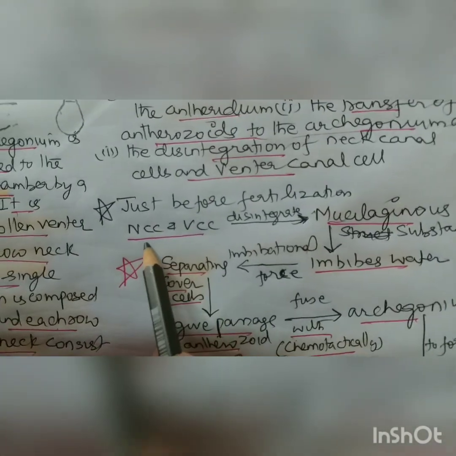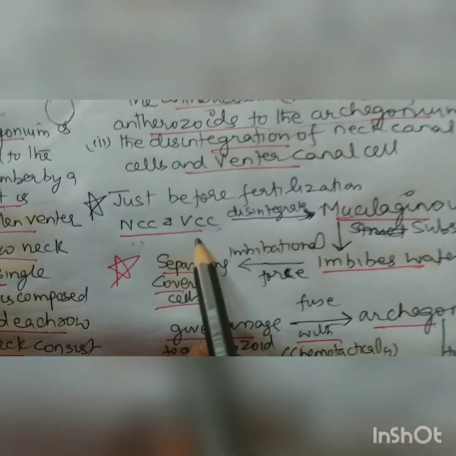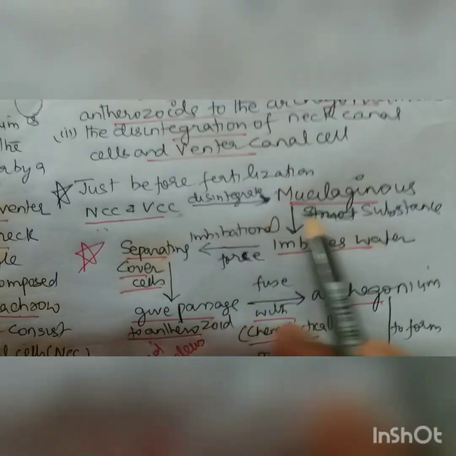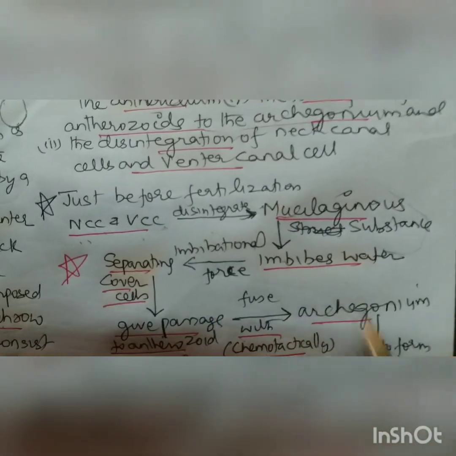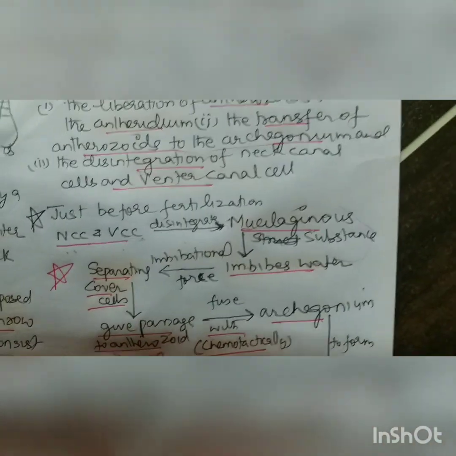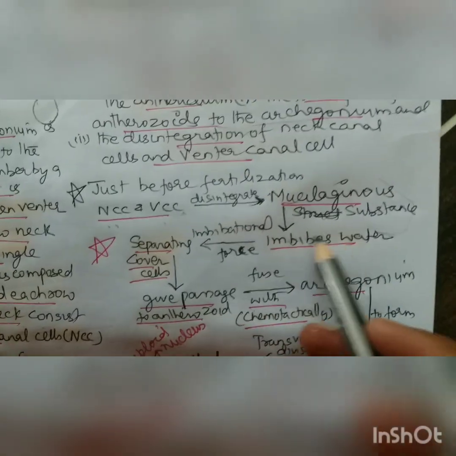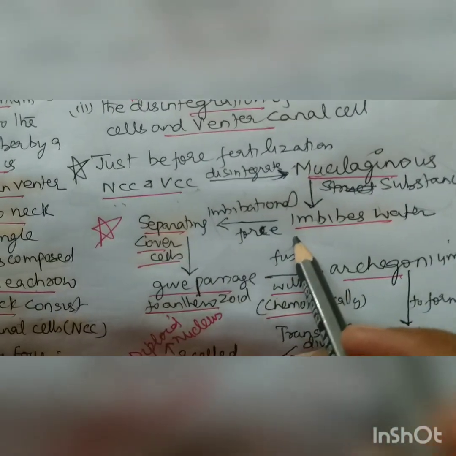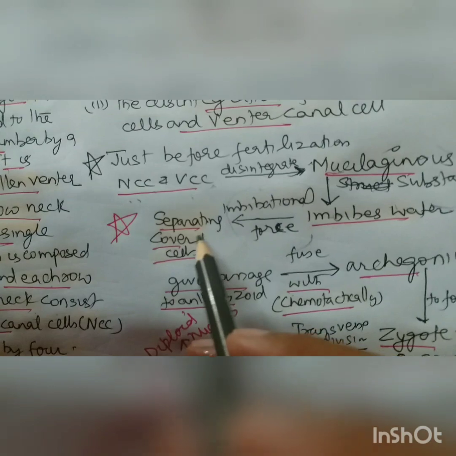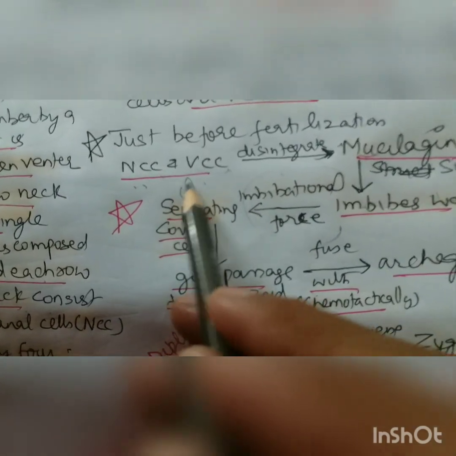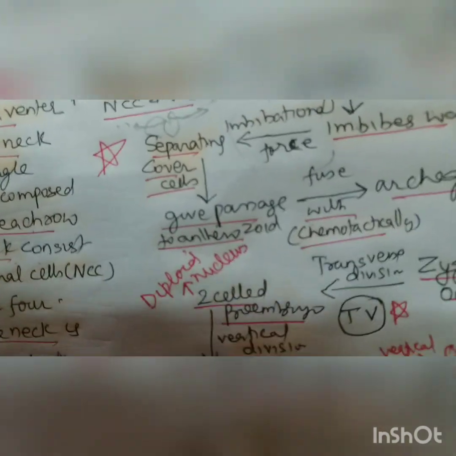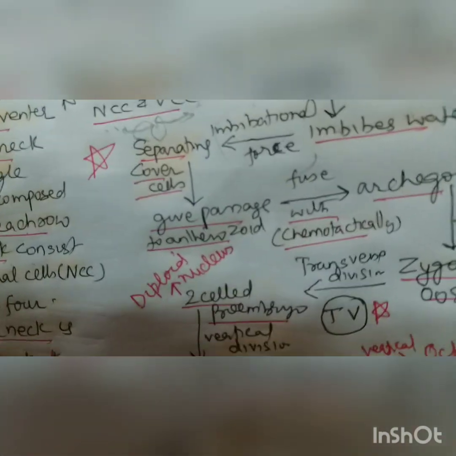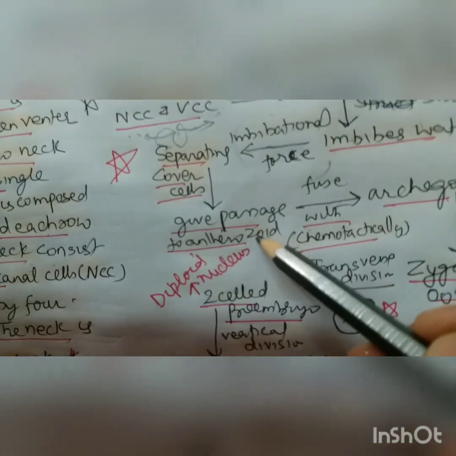First, the NCC and VCC, these neck canal and ventral canal cells, disintegrate. They form a mucilaginous substance, and this mucilaginous substance imbibes water, and because of imbibition, imbibitional force comes into action, and because of that force, the neck cover cells above separate, and it gives passage to the antherozoites.